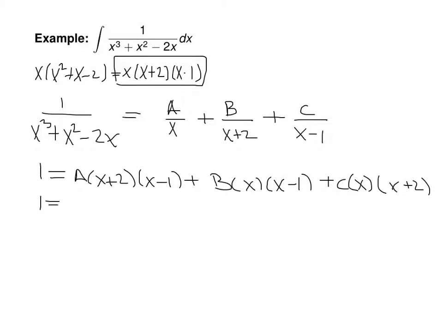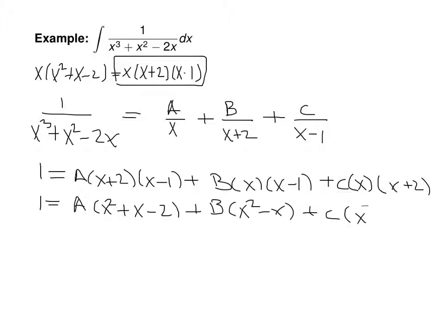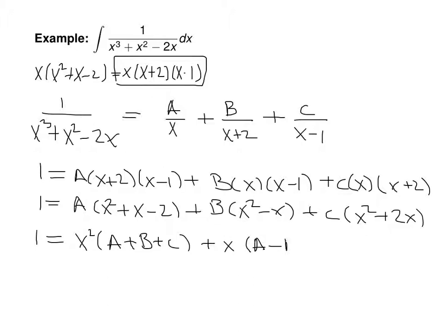Which gives us 1 must equal a times (x squared plus x minus 2), plus b times (x squared minus x), plus c times (x squared plus 2x). Or, gathering all the like terms, 1 must equal x squared times (a plus b plus c), plus x times (a minus b plus 2c), and then minus 2a.